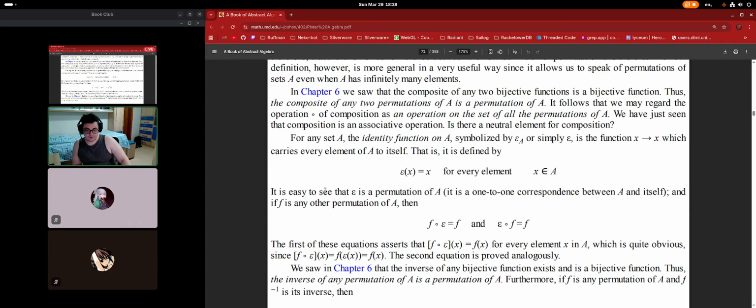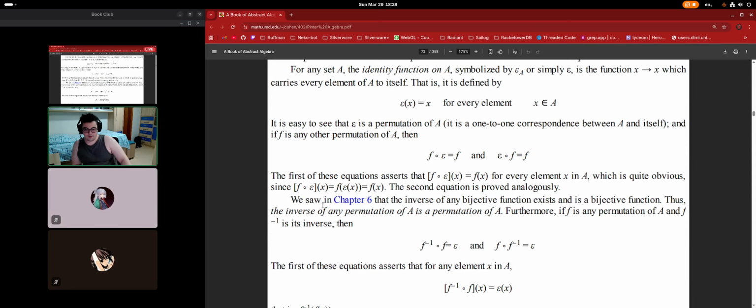It's easy to see that epsilon, I'm pretty sure that's epsilon, is a permutation of A, and then if f is any other permutation, then this holds. The first of these equations asserts that the composition with identity gives just the other element for every element x in A, which is quite obvious since you can rewrite it like this.